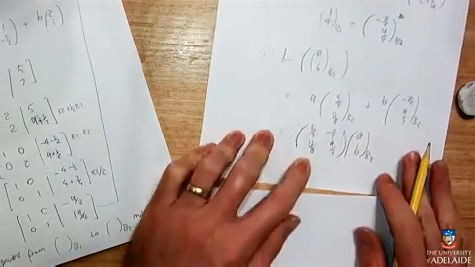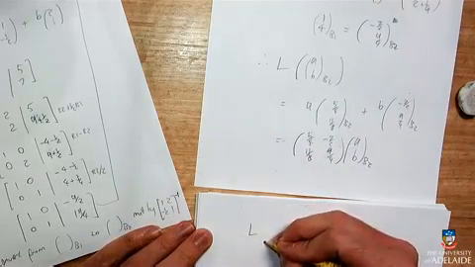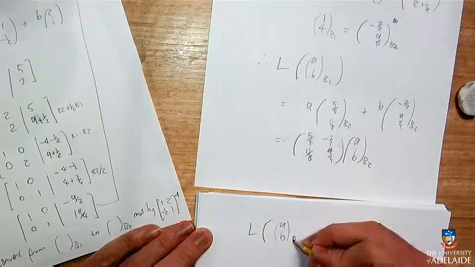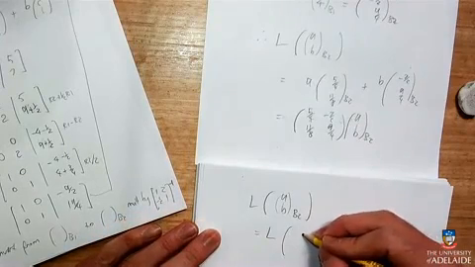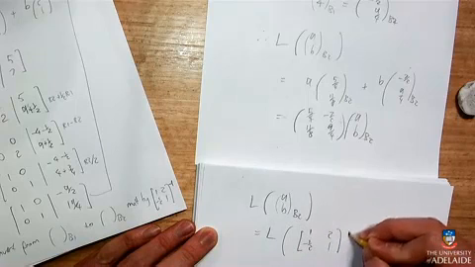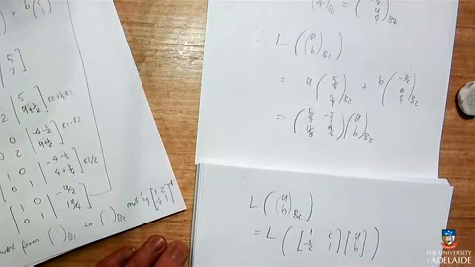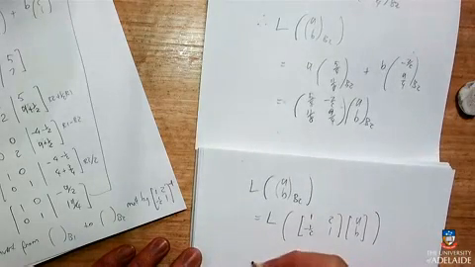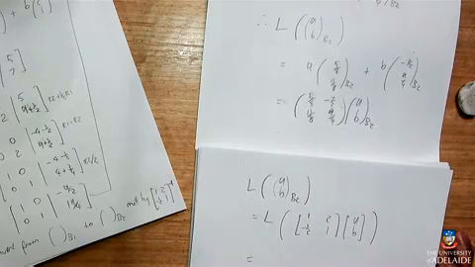And so what I could have done is I could have noticed that L of (A, B) in B2 is L of (1, minus a half, 2, 1) times (A, B) in basis 1 now, because that's how to get it back to basis 1. And then I could do the matrix that goes with L.